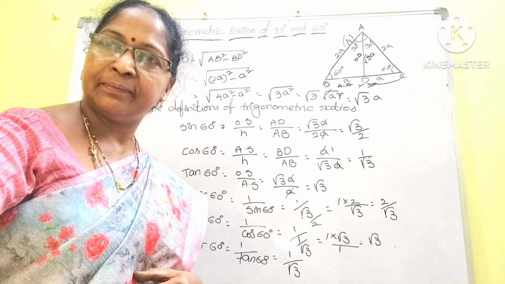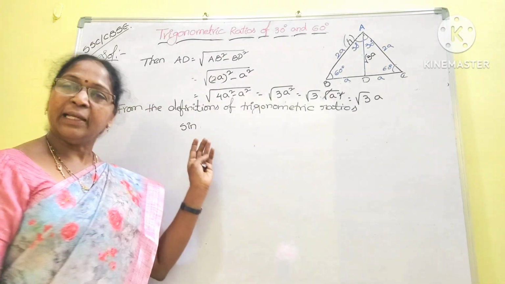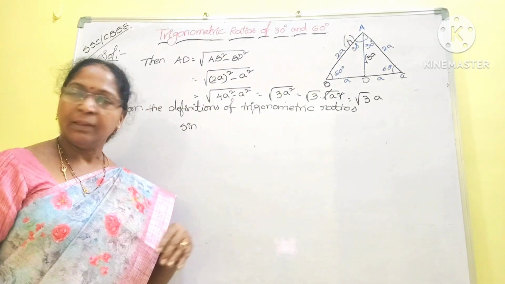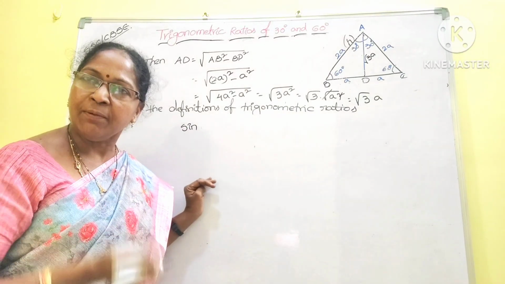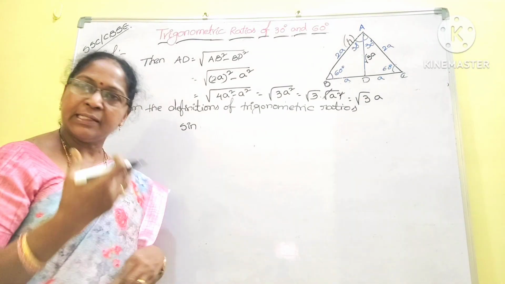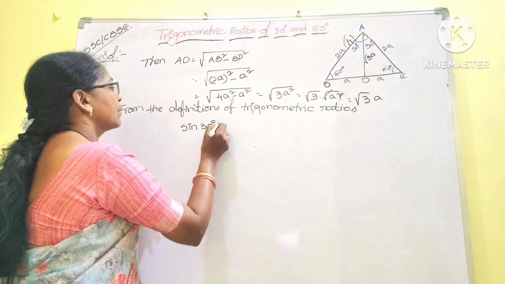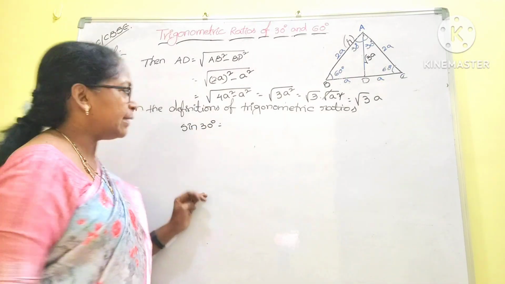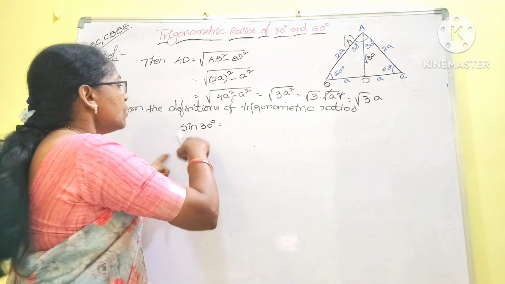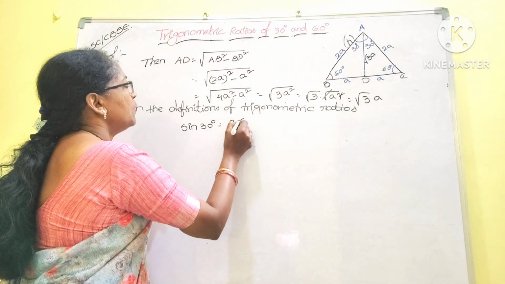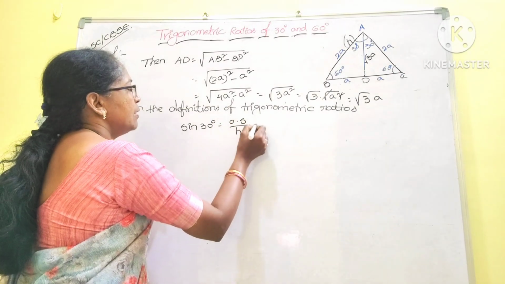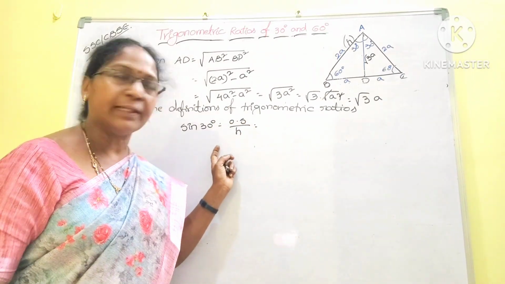Continue. Now, the 30 degrees angle you have to find out. So, the trigonometric ratios of 30 degrees. For 60 degrees we already found the values. Now, sin 30. Here the angle equals 30 degrees. The formula is the same. So, sin theta equals opposite side by hypotenuse. But here the reference angle is 30 degrees.